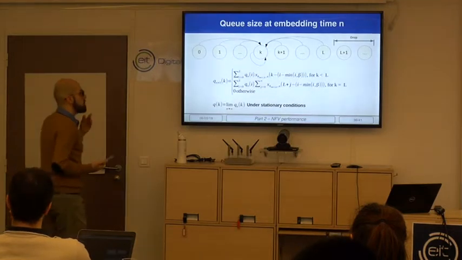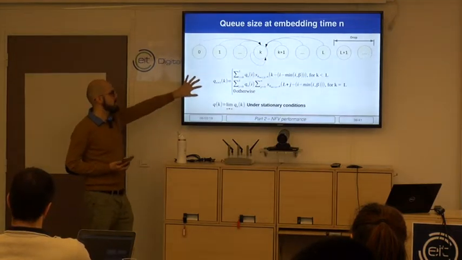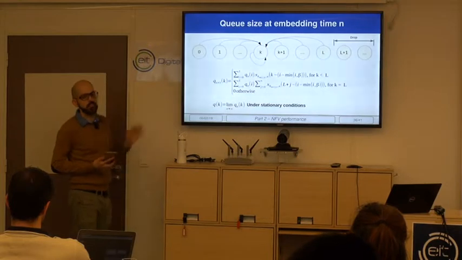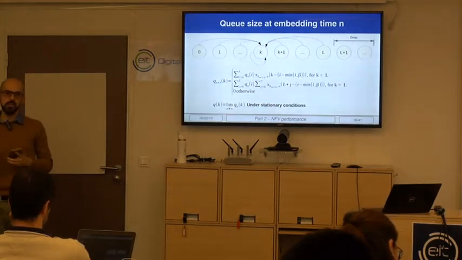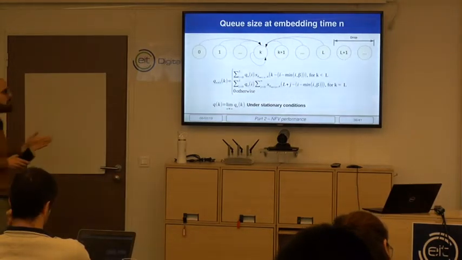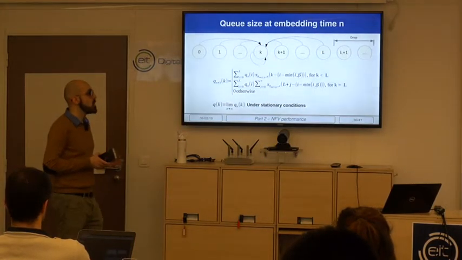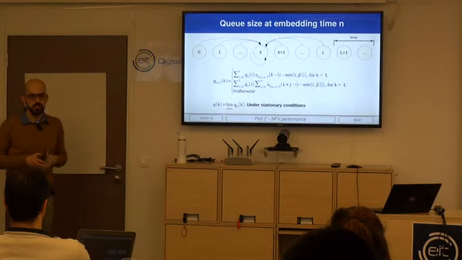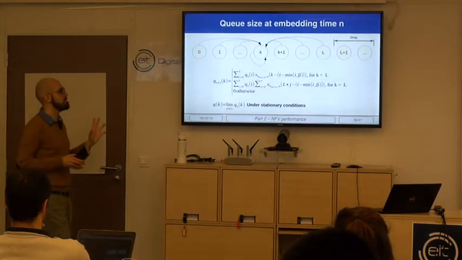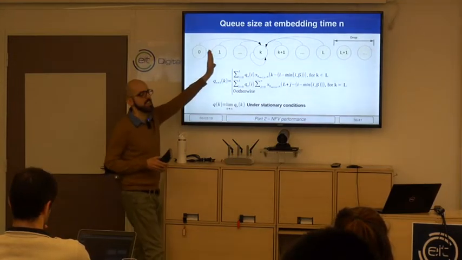And now, how can we define the size of the queue after the n plus 1 batch is picked? We can define this probability considering all the previous states. In particular, what is the probability of being in a state k?